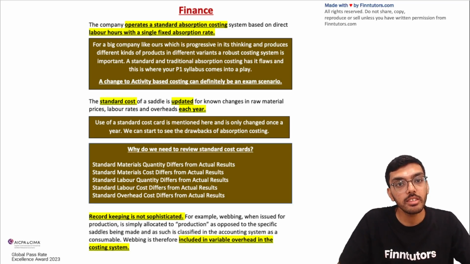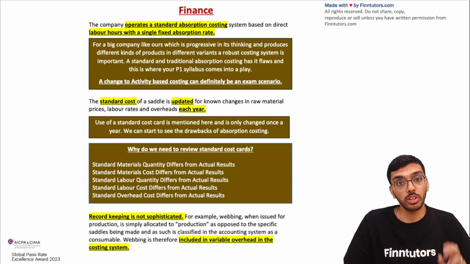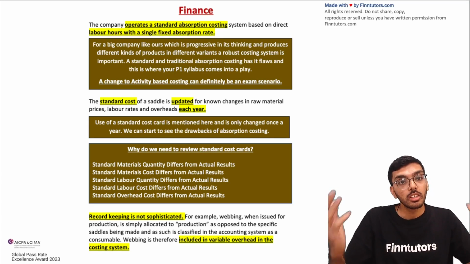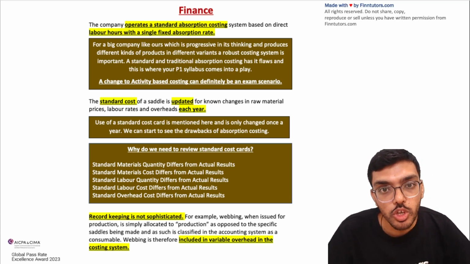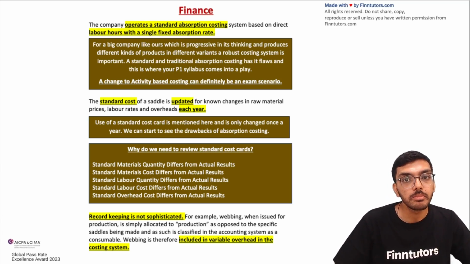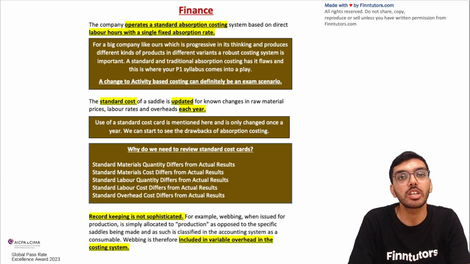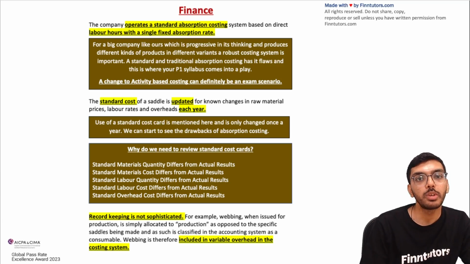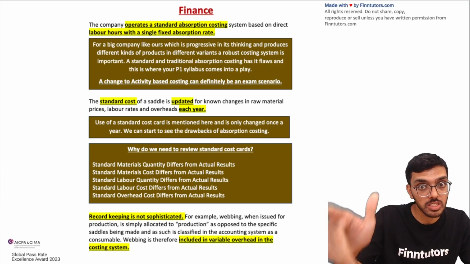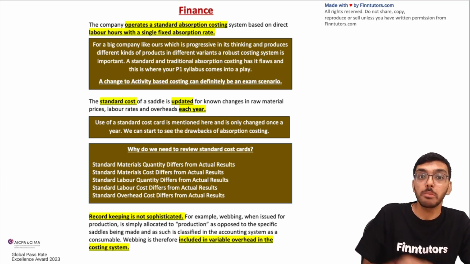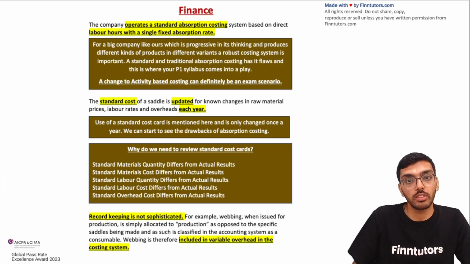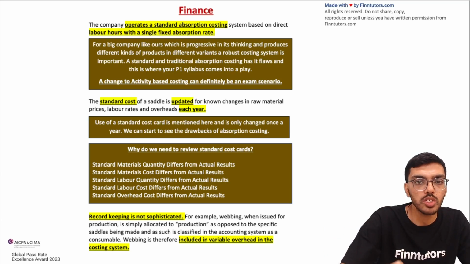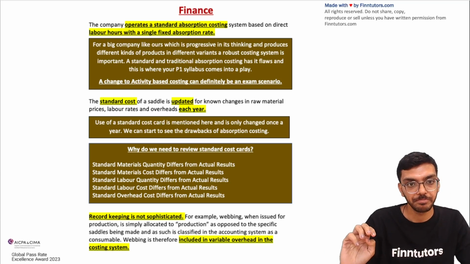Now to finance. They've given us some important finance information. The company operates a standard absorption costing system based on direct labor hours with a single fixed absorption rate. Now for a company like ours, which is progressive in its thinking with our sustainability credentials and produces different kinds of products in different variants, a robust costing system is important.